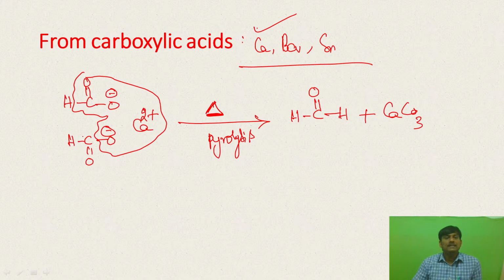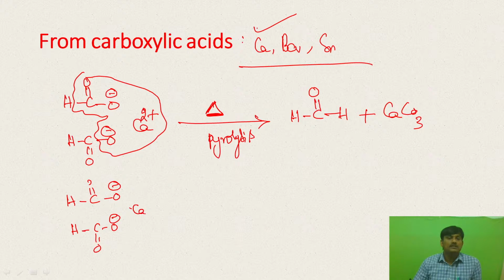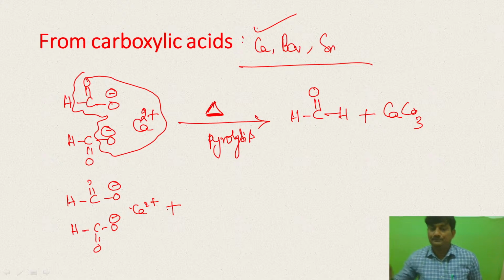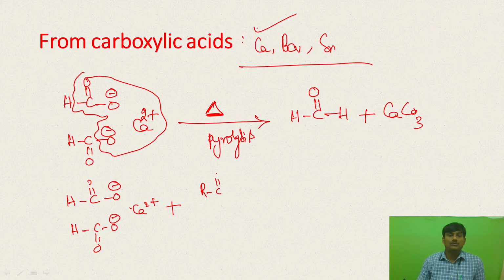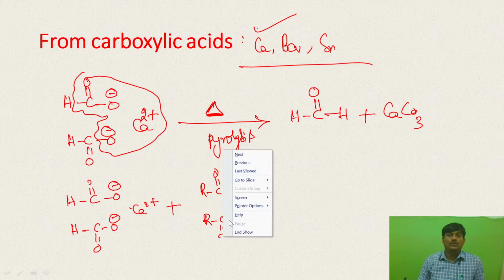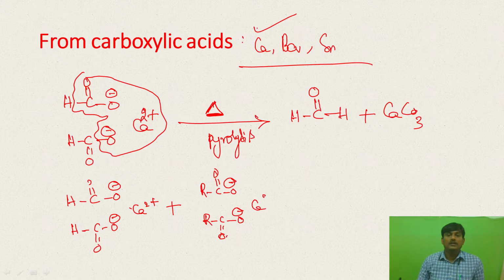Suppose you take two different salts. Let's take HC double bond O minus, HC double bond O minus, and Ca2 plus. This one is one salt, and let's take another salt, RCOO minus and RCOO minus. I am taking a mixture of two calcium carboxylates.